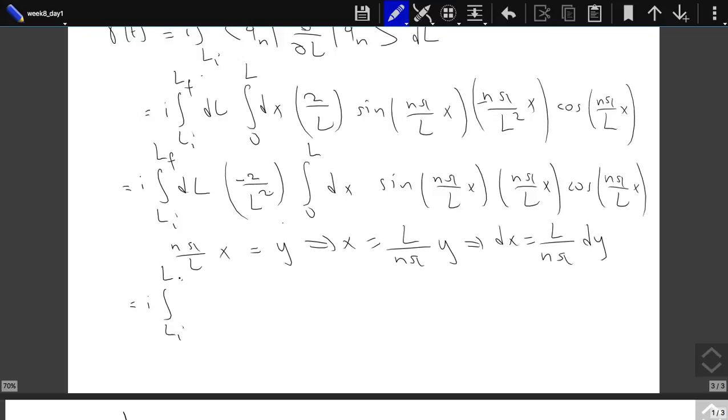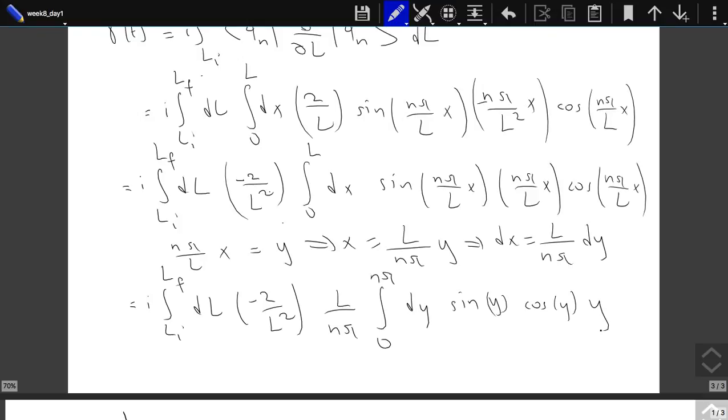So we have i times the integral from L initial to L final dL, minus 2 over L squared. From dx we have L over n pi dy. If x is equal to 0, y is 0. If x is equal to L, y is n pi. We have sine of y times cosine of y times y.